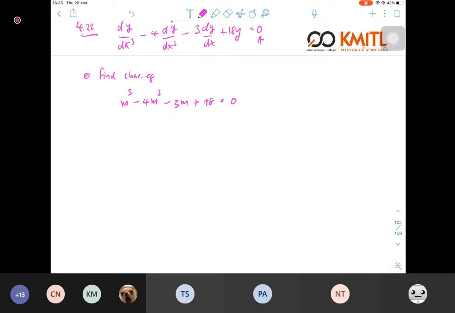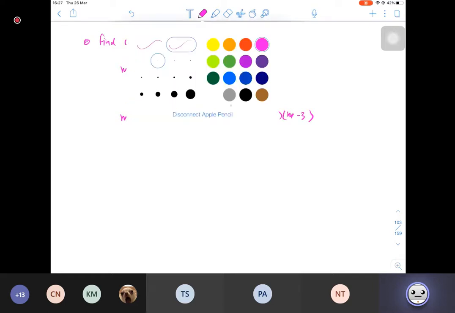You do it, and you're going to find that m cubed minus 4m squared minus 3m plus 18 can be factored into m plus 2, m minus 3, and m minus 3.